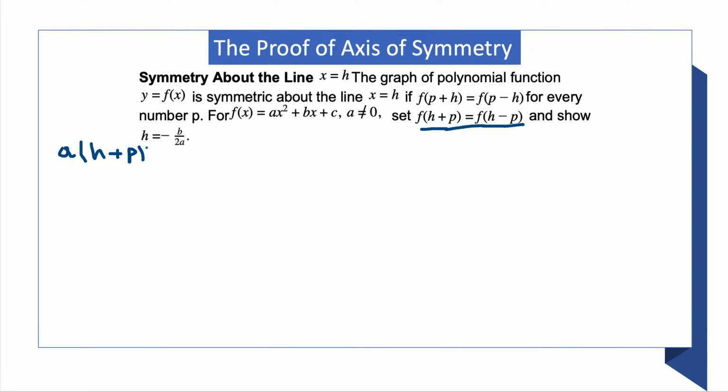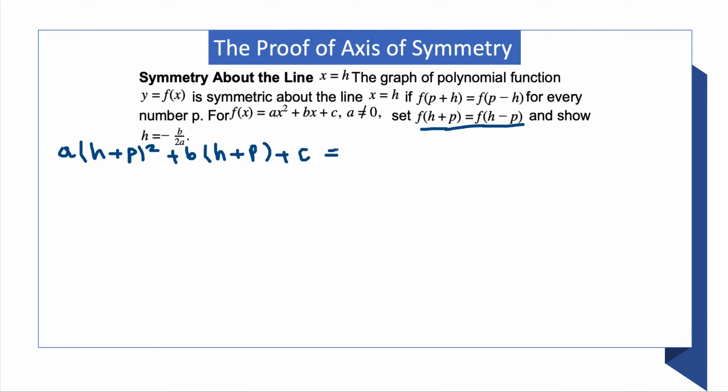And then we have plus b, the coefficient b, and instead of the x, I'm plugging here h plus p. And I have plus c. C is a constant, so I am not making any further change here.